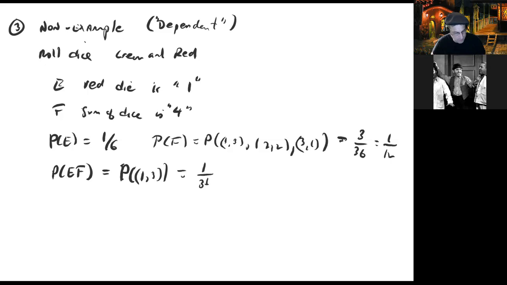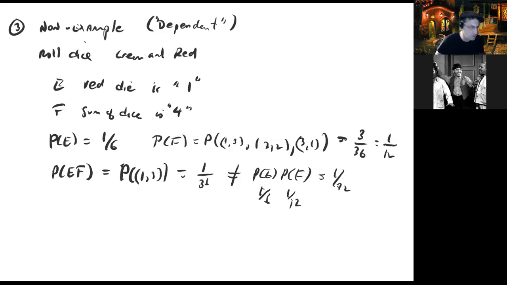So the probability of EF is 1/36, but that's not the same as the probability of E times the probability of F, because the probability of E is 1/6 and the probability of F is 1/12. The product is 1/72, which is not 1/36. So these are not independent events. In other words, they're dependent events. So that's cool.